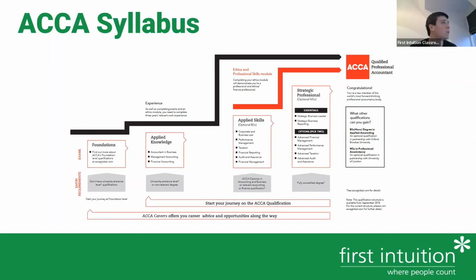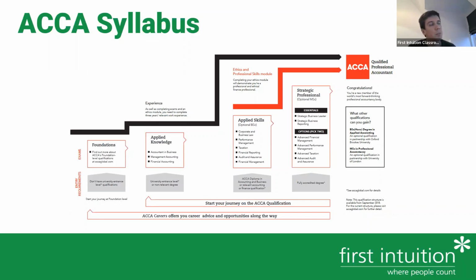And actually, if you obtain your AAT membership and you complete your assessment, then you will be exempt from your applied knowledge units. So as an AAT member, you'd be moving into applied skills and you would complete those applied skills units: corporate and business law, performance management, taxation, financial reporting, audit and assurance, and financial management.